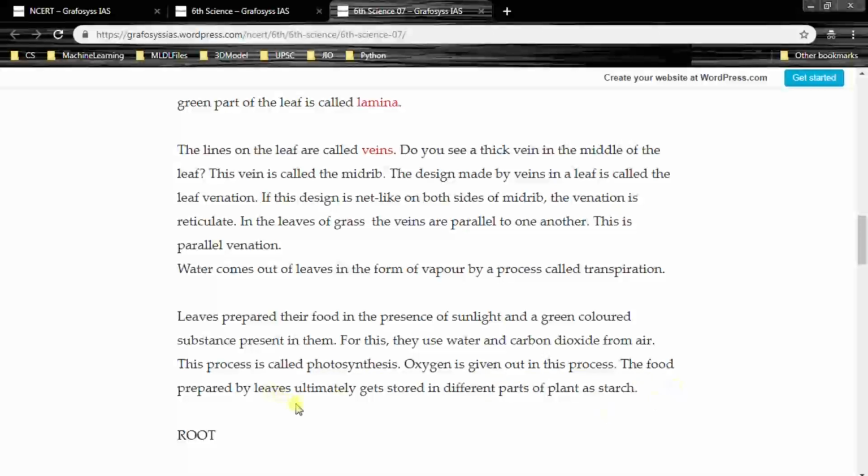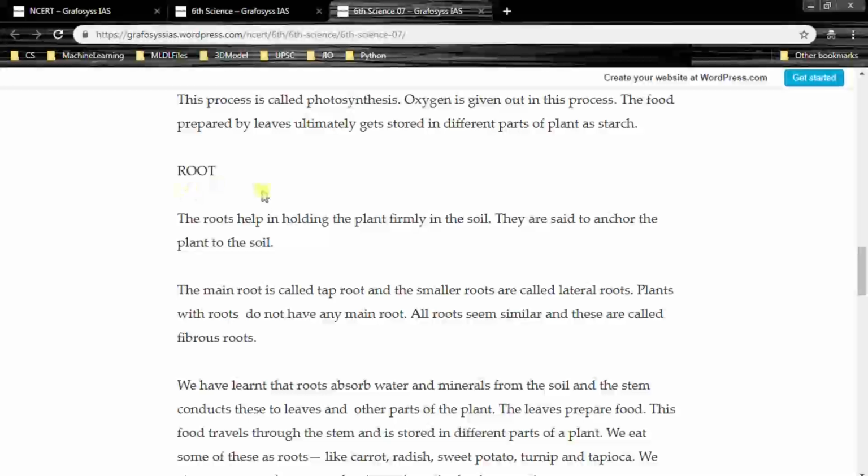The food prepared by leaves ultimately gets stored in different parts of plant as starch. Remember, the food is stored in different parts of plant as starch, right? Root. The roots help in holding the plant firmly in the soil. They are said to anchor the plant to the soil.